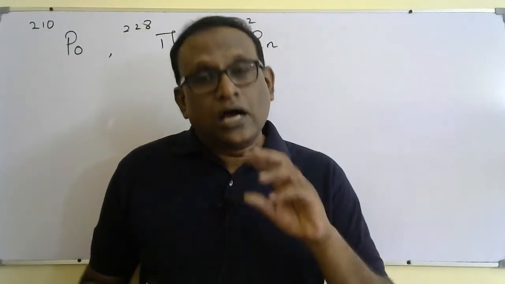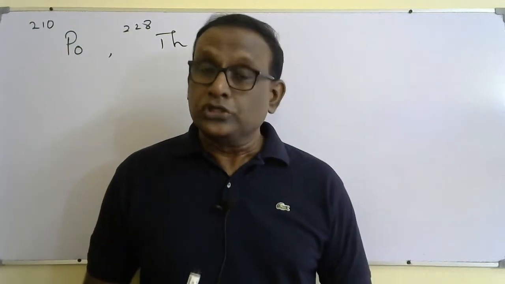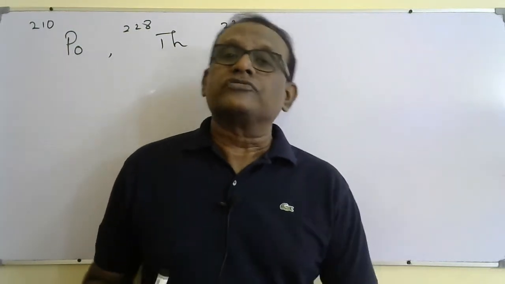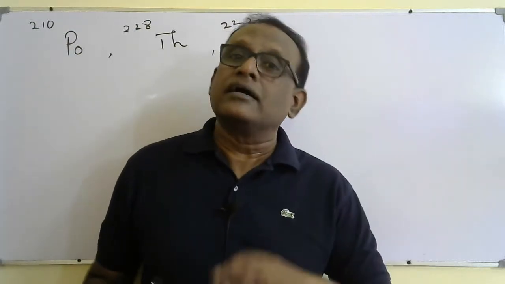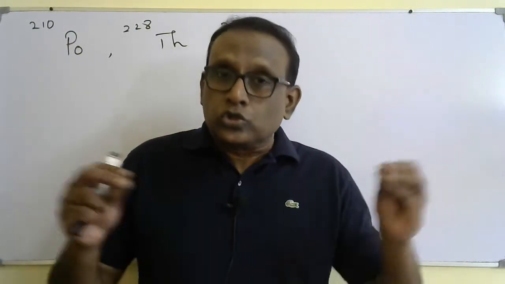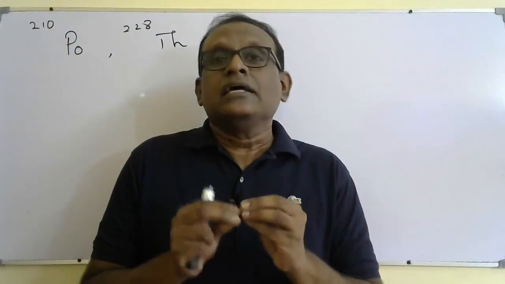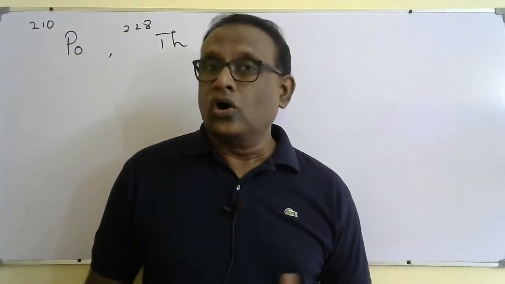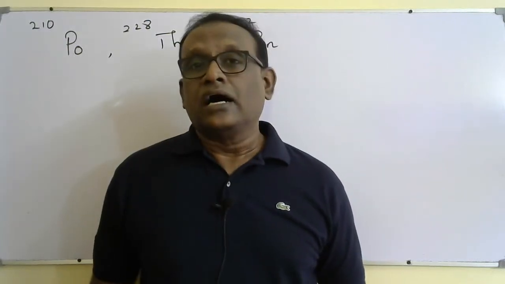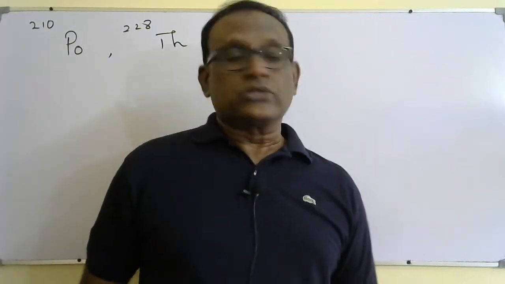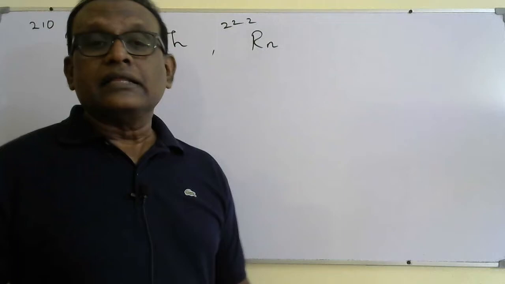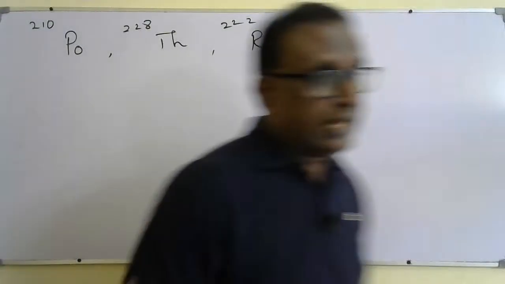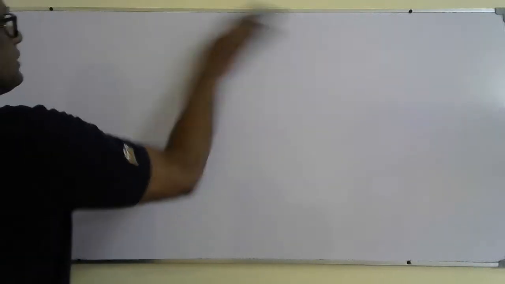Two protons and two neutrons will form a cluster inside it and escape out of the nucleus. The two protons and two neutrons together are actually a helium nucleus, and that is called the alpha particle. You learned all these things in IGCSE also. So the general decay equation for alpha decay is given like this.